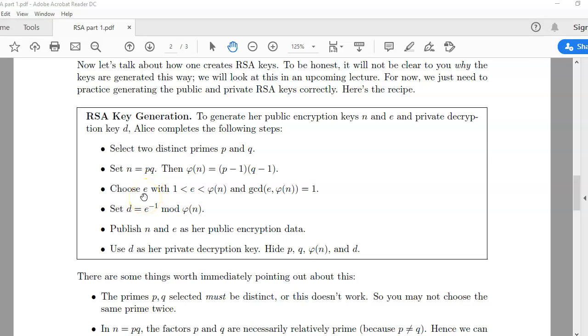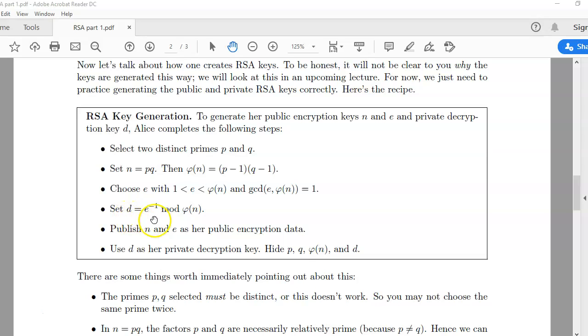Next, she chooses her encryption exponent E to be a number between 1 and phi of n, whatever phi of n is calculated from right here. And she's got to choose it so that the GCD of E and phi of n is 1. So she's got to choose E so that it is relatively prime to phi of n, okay? Then that will tell her what her private decryption exponent D is.